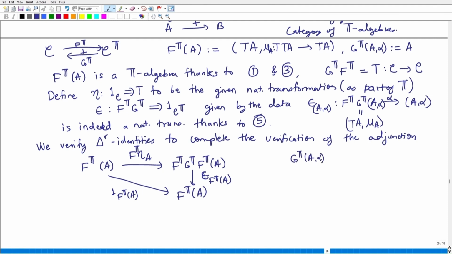So G_T A alpha, G_T A alpha again, then G_T F_T G_T A alpha, and this is diagram 4. First one is 4. Let us verify everything together.